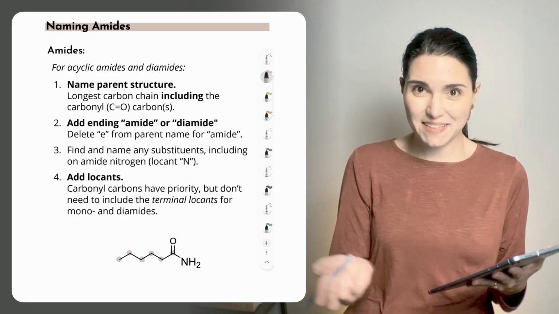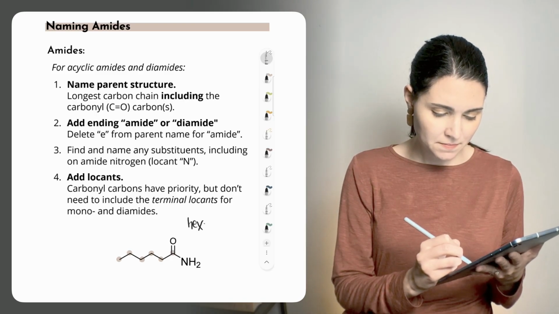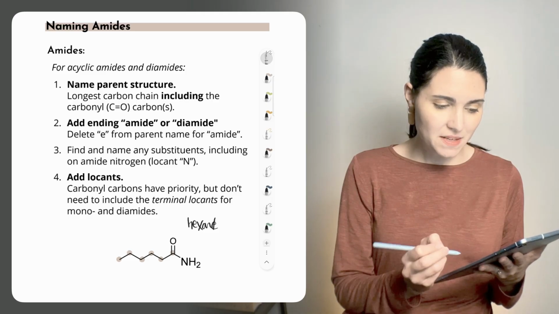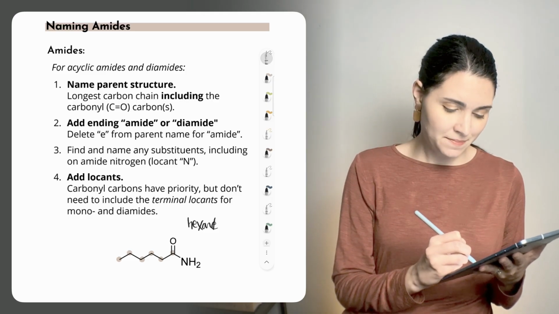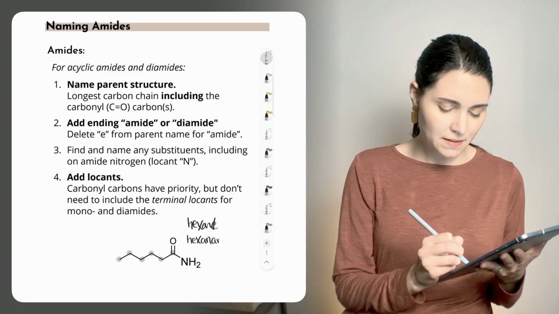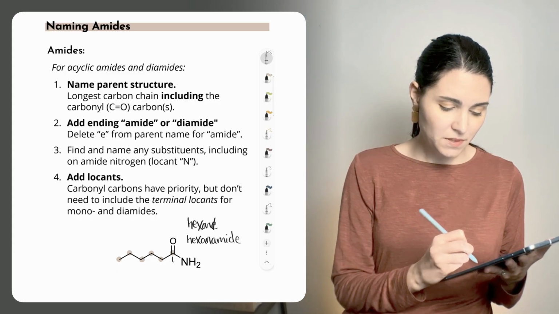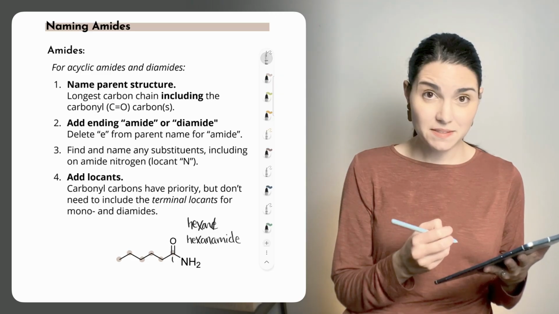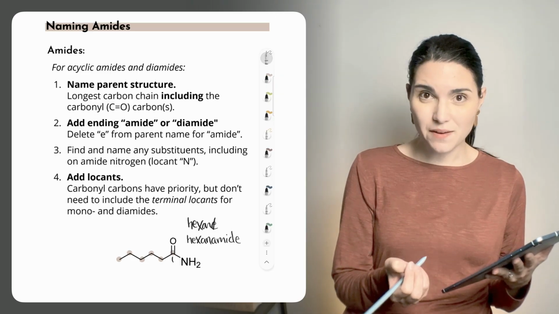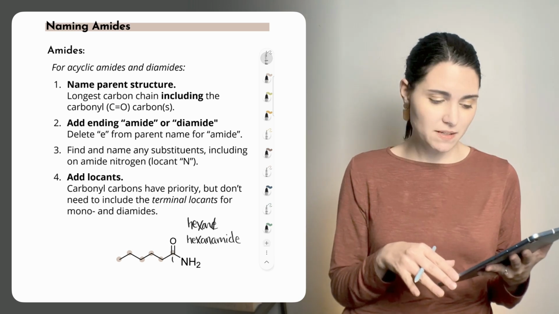It looks like I picked 6 for all my examples. So it's a hexane. And then we'll drop the E and add the ending amide. So hexanamide. Of course, that carbonyl carbon is locant number 1, but we don't have to include it in our final name. It's okay to just call it hexanamide.